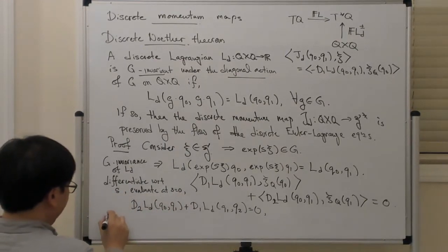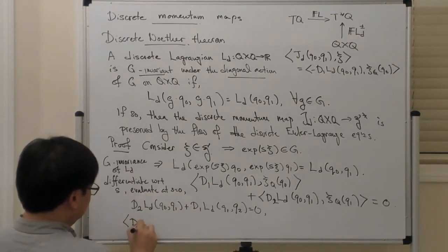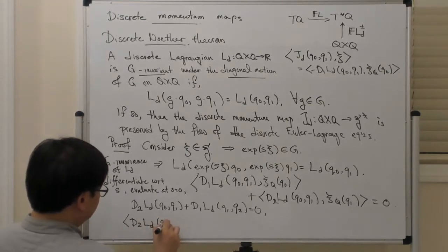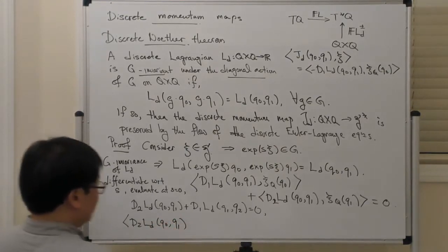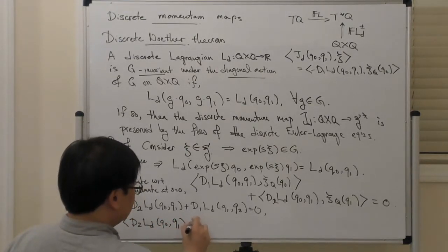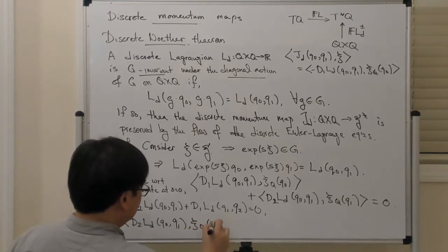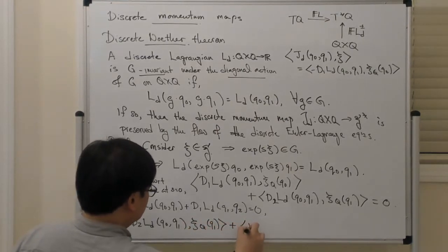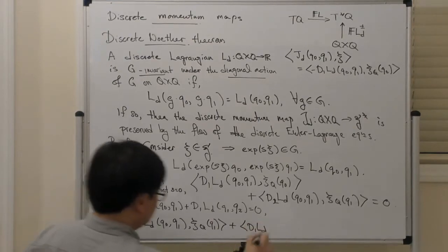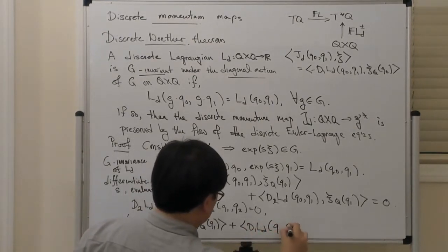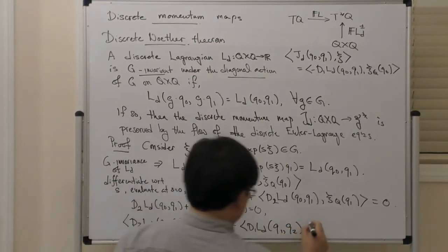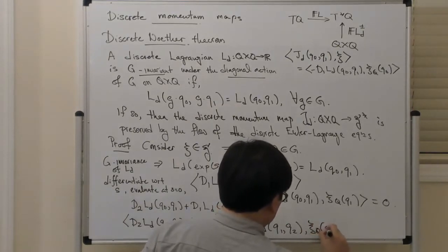All right, so you pair this. So I have d2 LD(q0, q1) paired with ξ_Q(q1) plus d1 LD(q1, q2) paired with ξ_Q(q1).